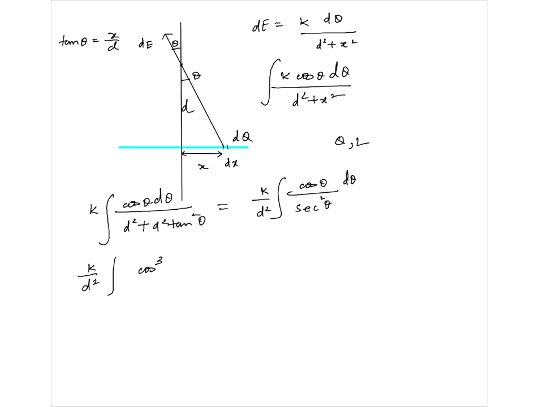Cos cube theta. Let me recheck. Looking okay, but this is Q. So we should get rid of Q also.